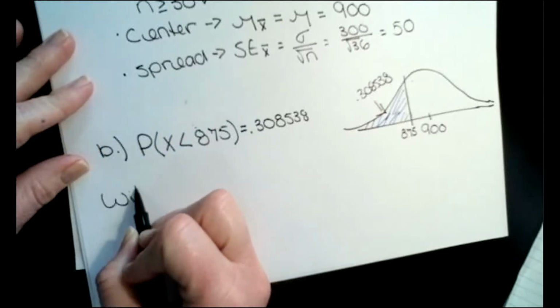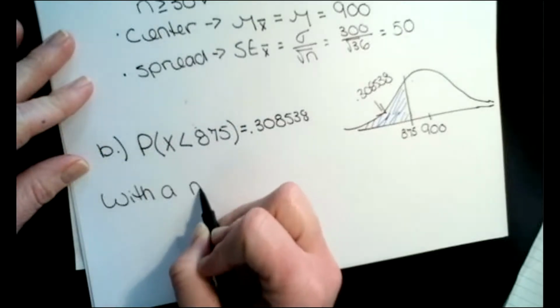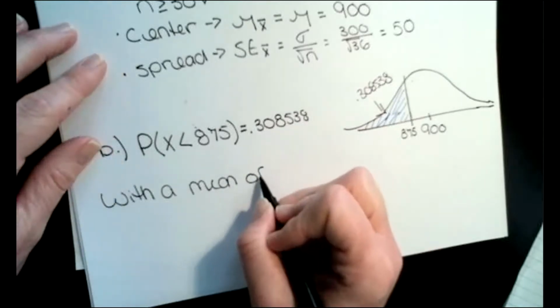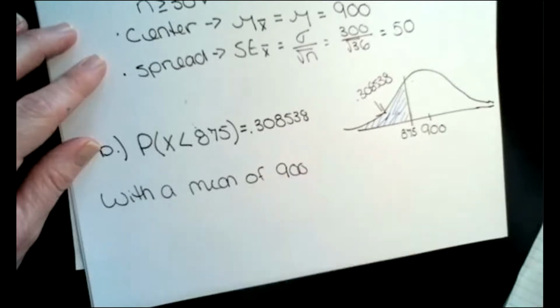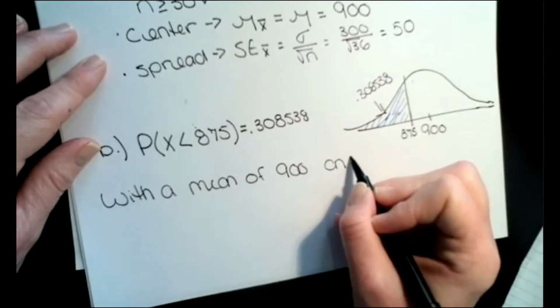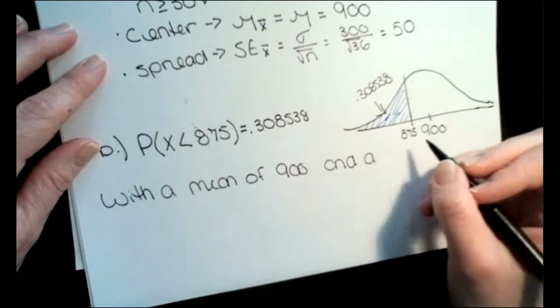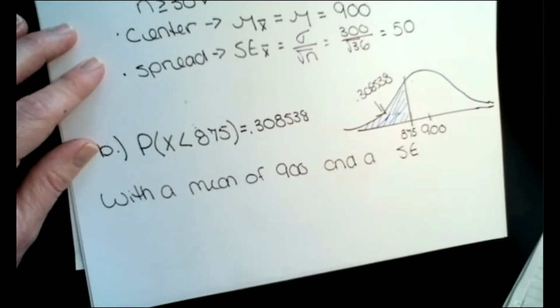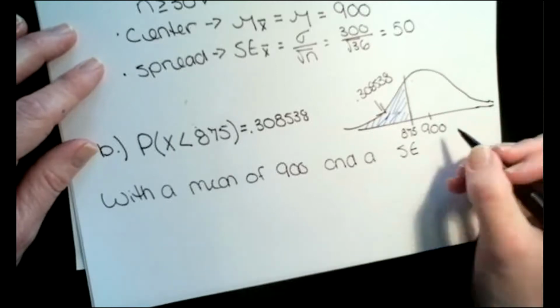But what I would say is with a mean, or you could say a center, of 900, and you could say standard error, or you could say standard deviation, or you could say a spread. So there's a lot of different words you can use here.